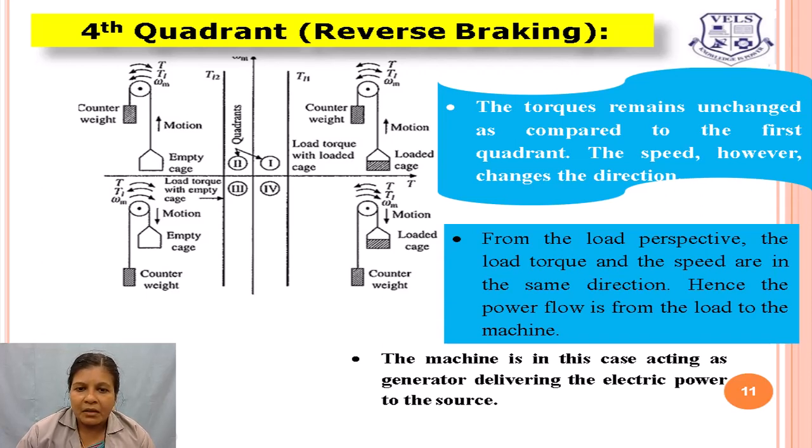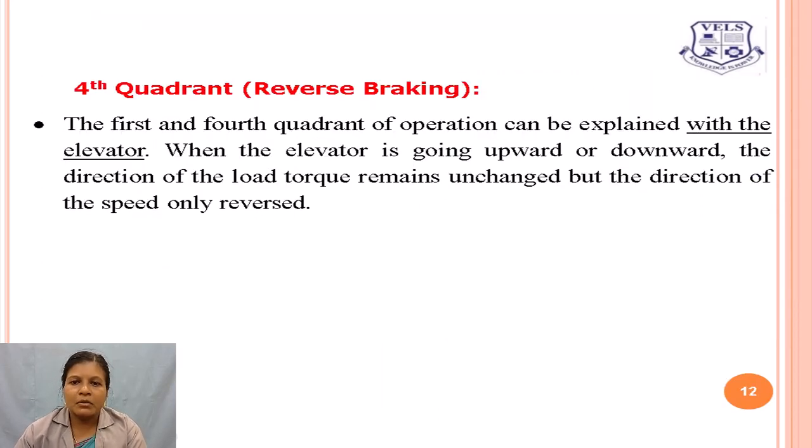So the direction of the speed and the torque are in opposite directions, and so the developed power is negative, it is going to act as a generator. Generator in the sense, it is going to be in a regenerative mode, that is the power flows from the load to the machine here. So the developed power is negative here, and as we know the load torque is always opposite to the motor torque. So the first and fourth quadrant of operation can be explained with the help of the elevator.